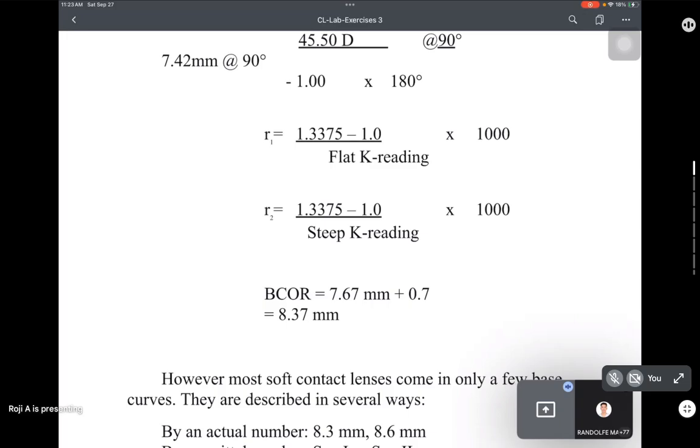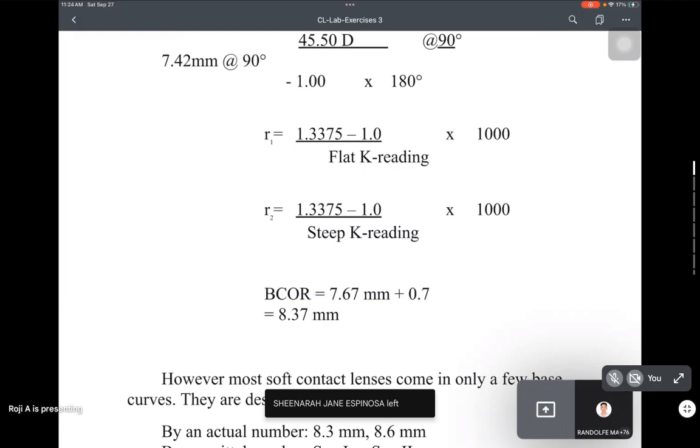Now, if you use the fit factor for soft contact lens, that is now referring to the base curve. So that's the minor difference. Are we clear, Randolph? If you don't put the fit factor, that is just your radius of curvature. But when it comes to RGP, your radius of curvature or this computation leads to the base curve right away without fit factor. Anyways, I'll explain that more next sem. So far, so good.